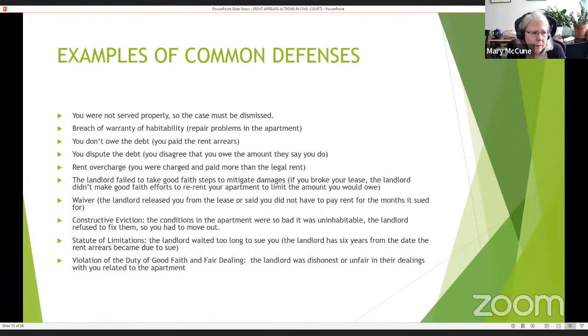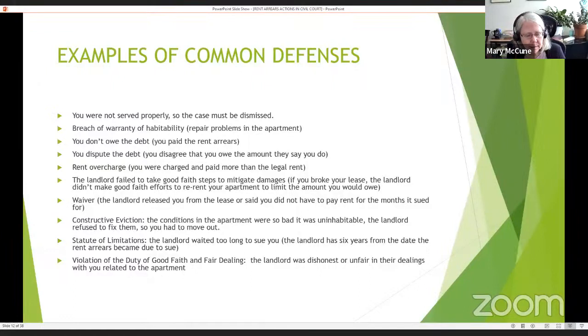So let's talk a little bit more about defenses. One very effective defense, and something that's very common, is that tenants, or defendants in general, often are not served properly. They're not given the court papers in the manner required by the law.